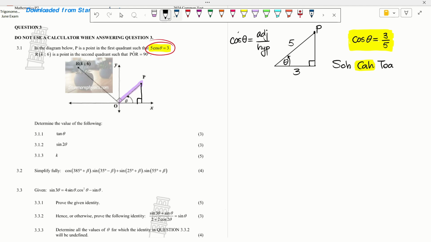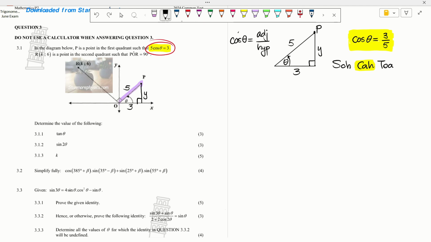If I fill in 3 and 5 there, I can find the other side, which I'll call y for now, by simply using the Pythagoras theorem. Part of the marks in the first questions always include the Pythagoras theorem.